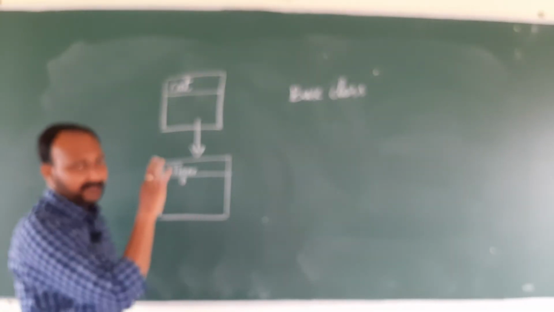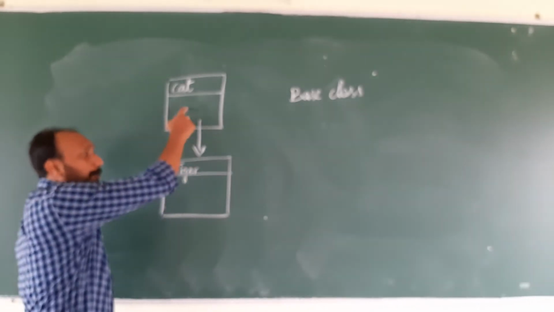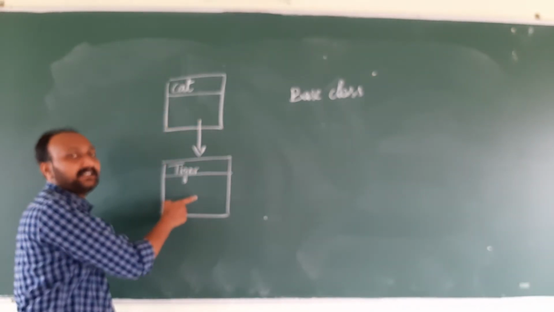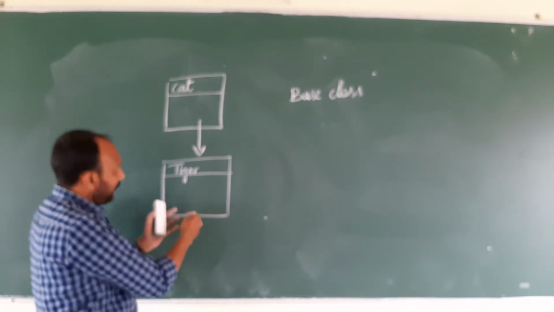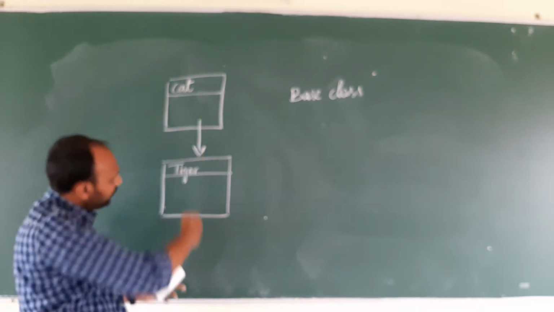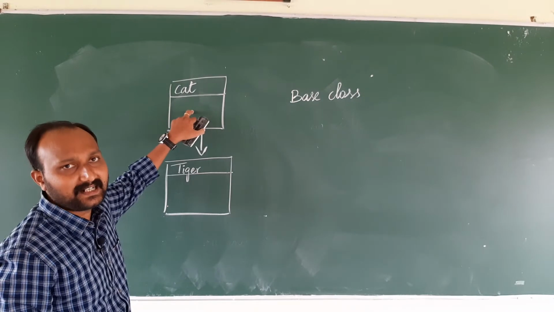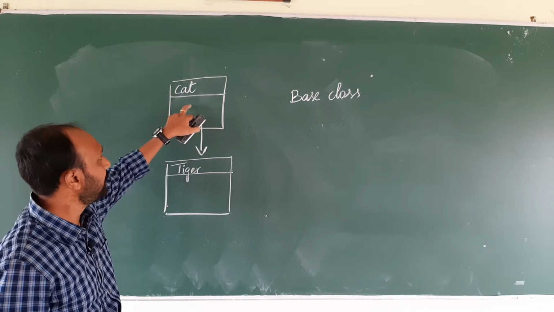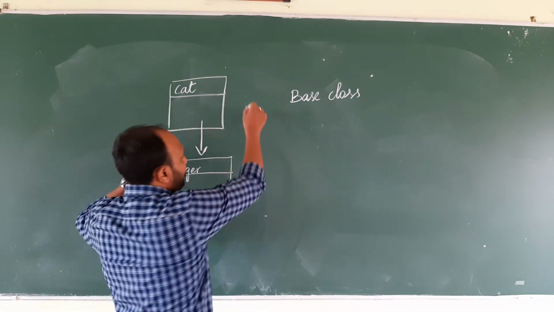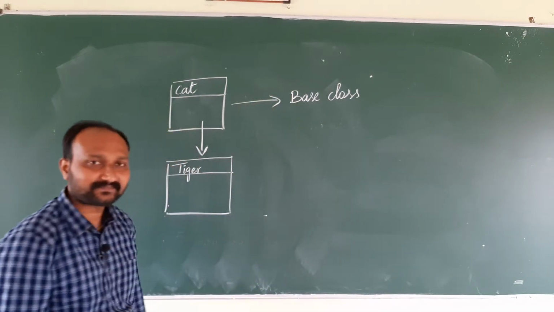Base class is nothing but the class whose properties are inherited by other classes. So, all the other new classes will be deriving the properties of the earlier class. This earlier class is referred to as a base class. Okay, here the class cat is a base class.